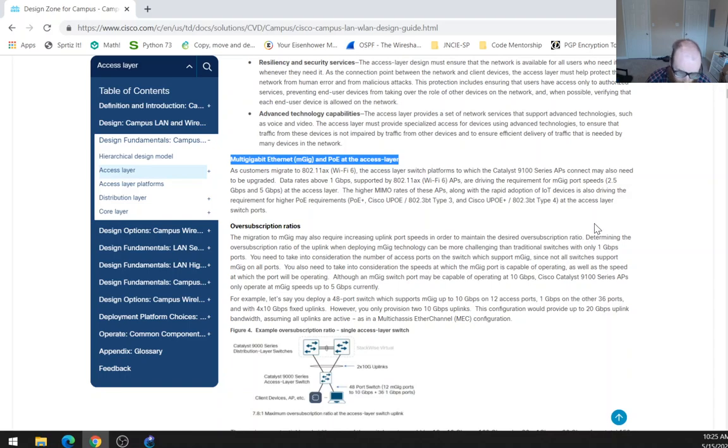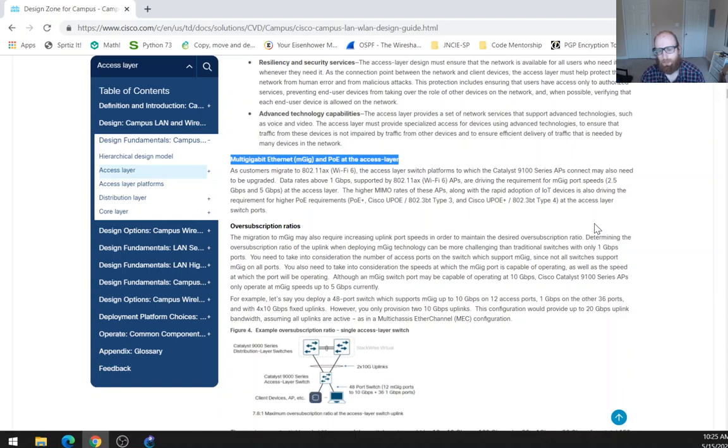Oversubscription ratios. The migration to mGig may also require increasing uplink port speeds in order to maintain the desired oversubscription ratio. Determining the oversubscription ratio of the uplink when deploying mGig technology can be more challenging than with traditional switches with only 1 gigabit per second ports.